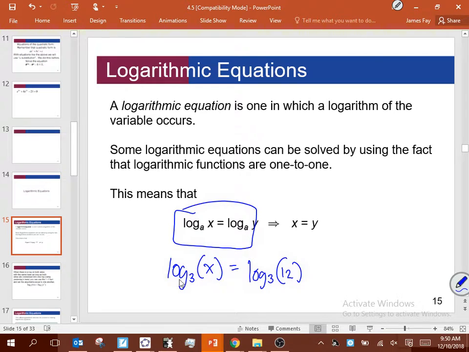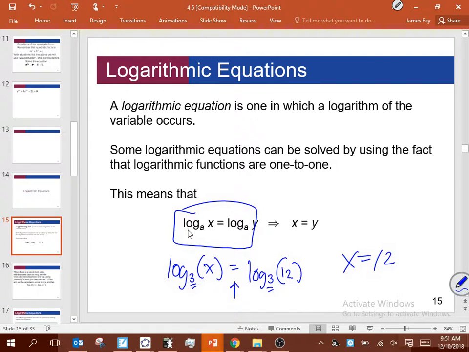Because the bases are the same, in order for this to be a true statement, in order for this to be an equality statement, doesn't x have to be 12? So this rule is saying if you have the same base, log on the left-hand side, log on the right-hand side, then to make that a valid statement, your two arguments have to be identical.